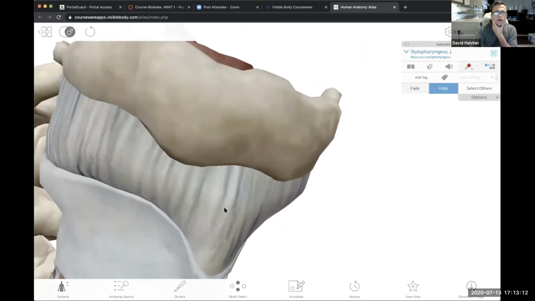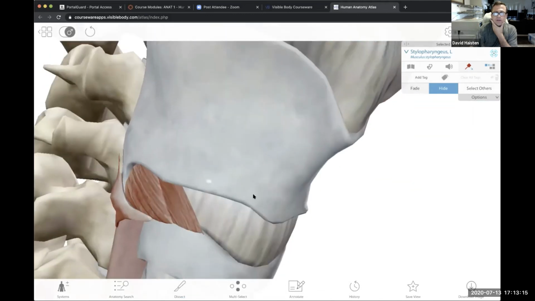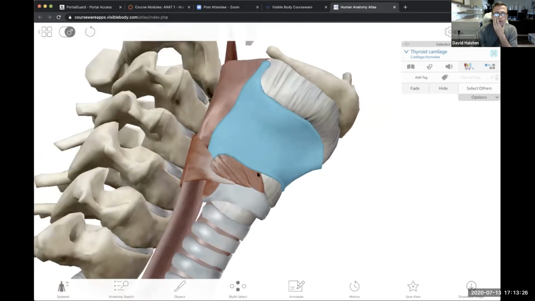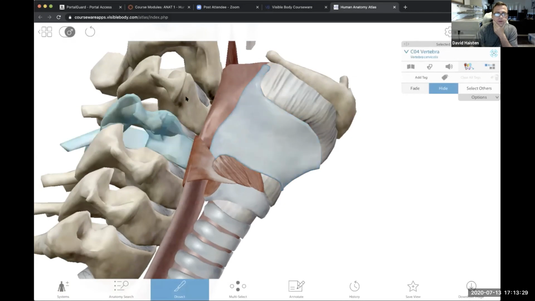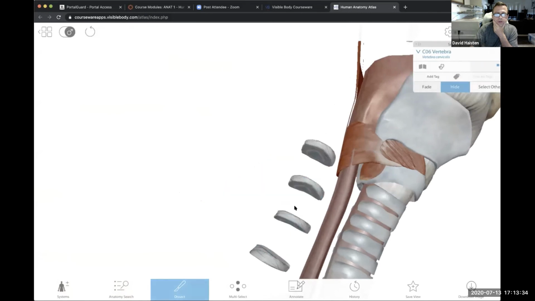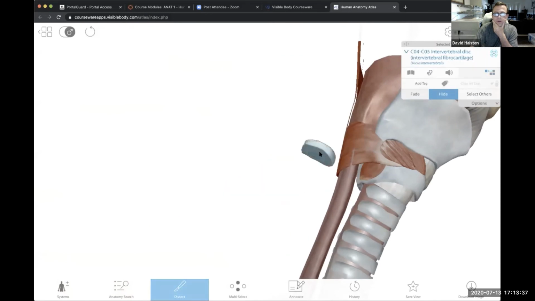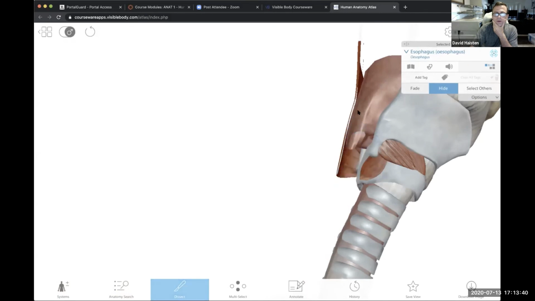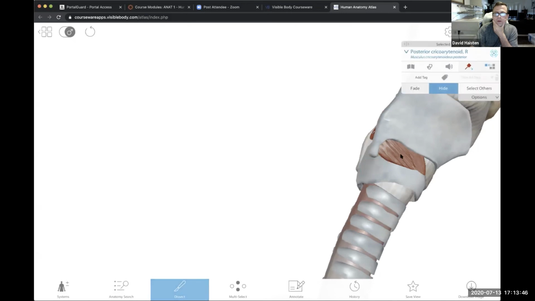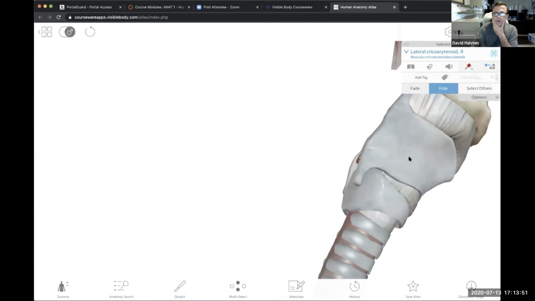Anyway, you can go in here and it's got all the same things. So here's the laryngeal prominence right there. Okay, thyroid cartilage. Okay, and we're in.